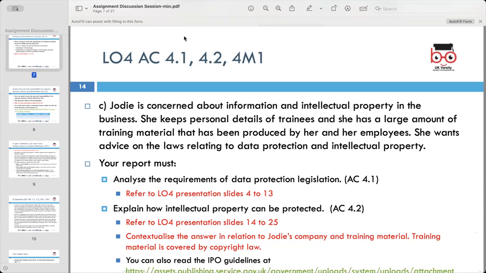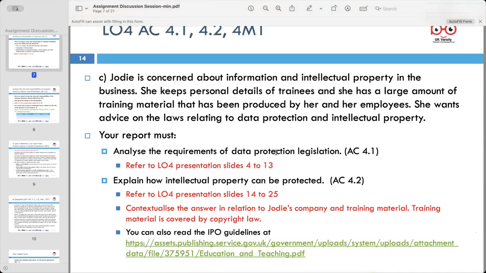Right now, learning outcome 4: Jody is concerned about information and intellectual property. Here you refer to learning outcome 4 presentation slides 4 to 13 for insight into the key aspects of data protection legislation and intellectual property types.